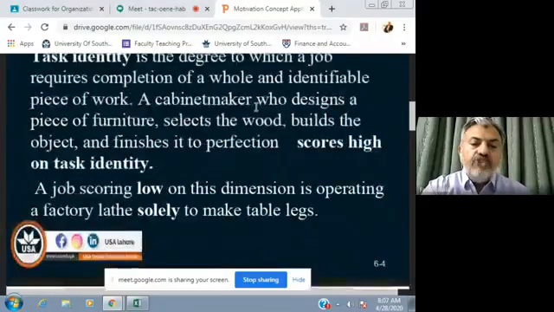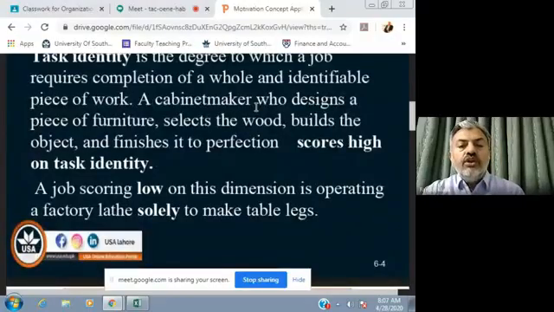A job scoring low on this dimension is operating a factory lathe solely to make table legs. A lathe is a machine, a grinding machine sort of a thing, where you put a piece of wood near it and then shape the legs of the table.